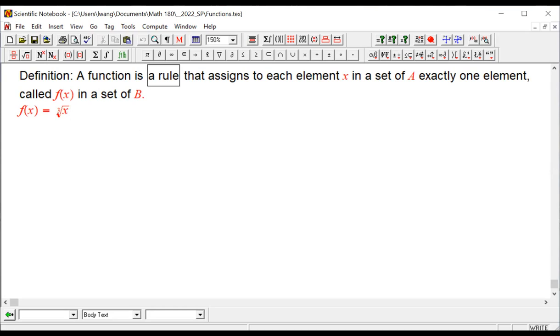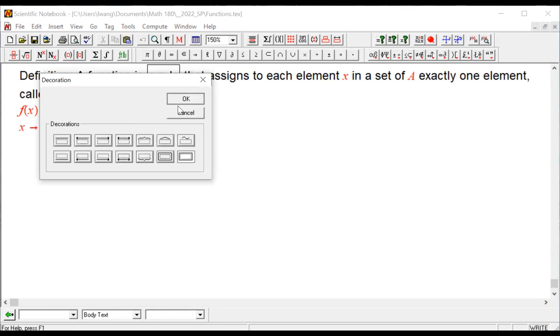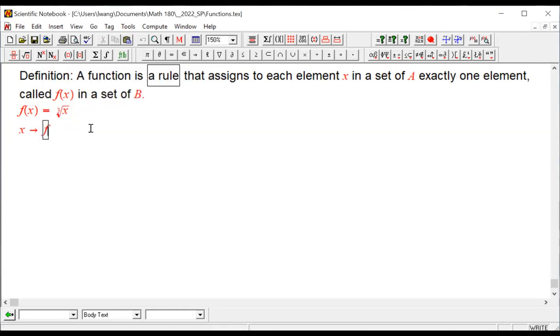We're given an input x, and this rule of the function says I'm going to take the input and assign the cubic root of it. That's the rule of the function. And it will give me exactly one output.